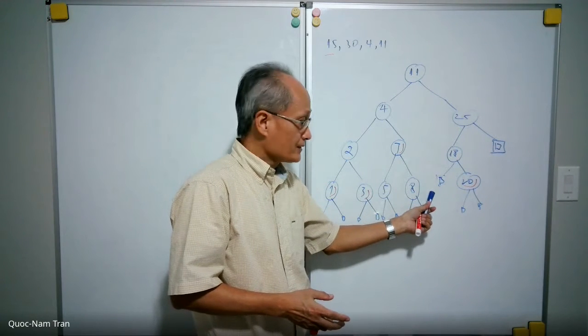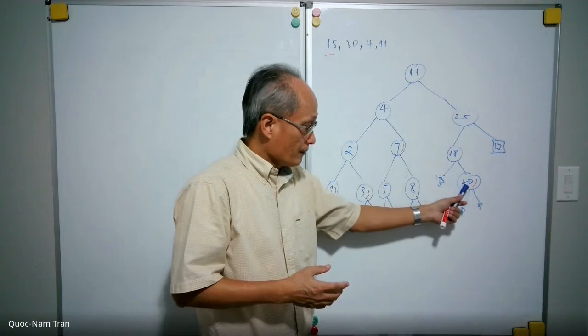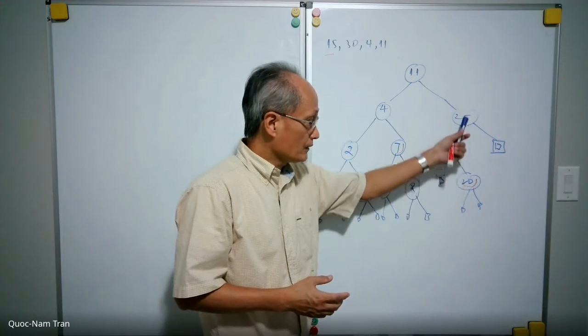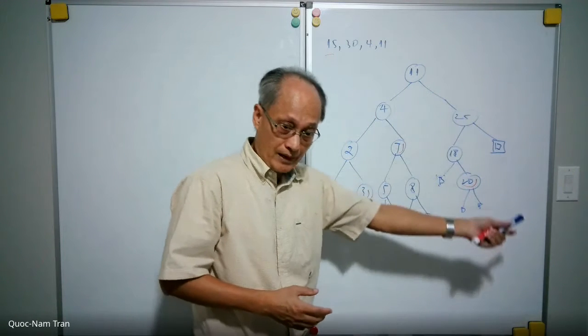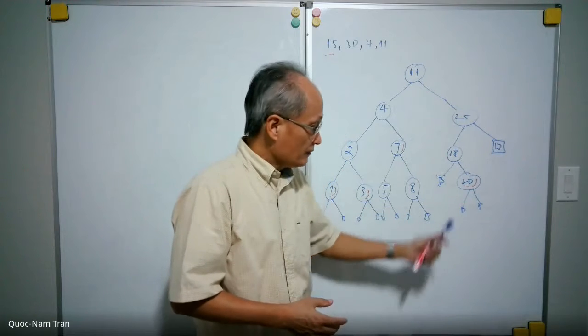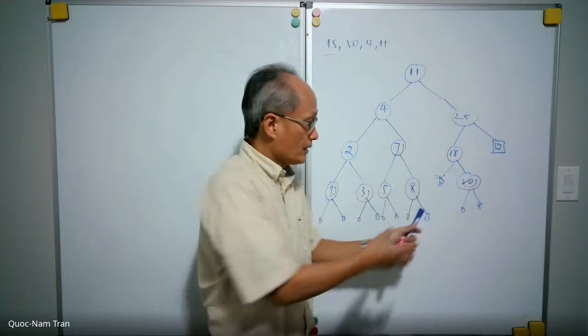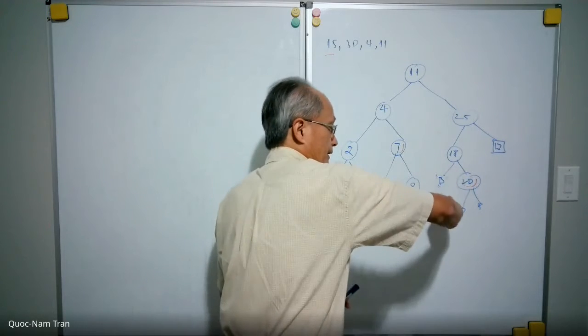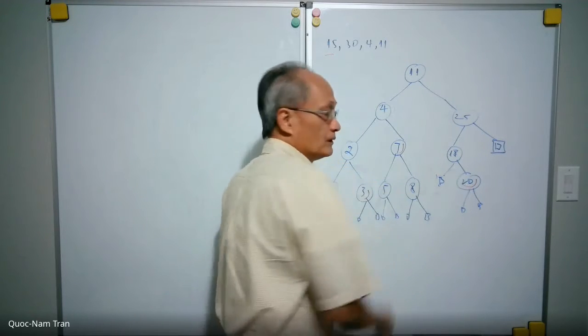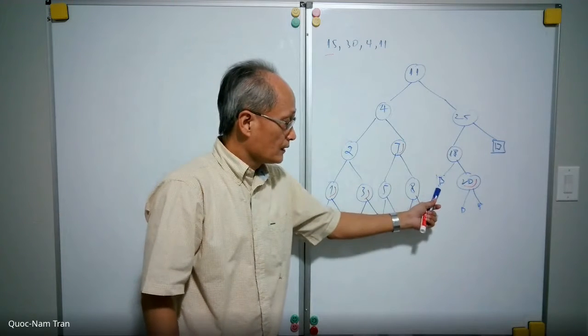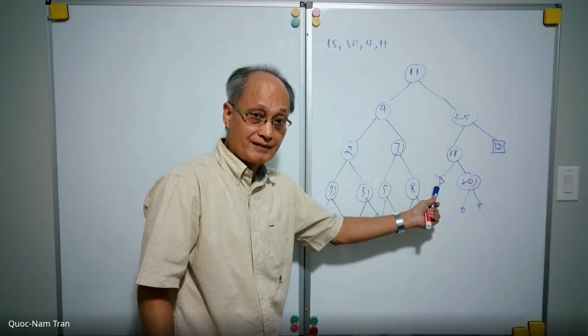So the red nephew has to be on the leftmost or the rightmost branch. If it's not, then we have to rotate in order to bring it to the left-hand side here.